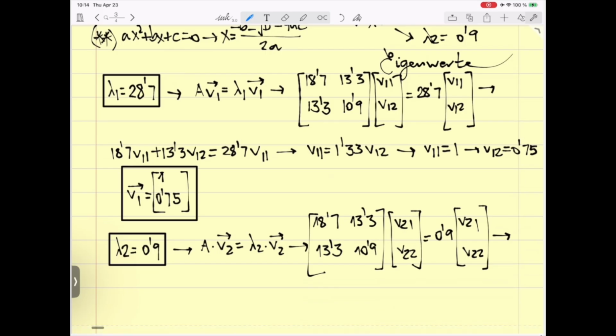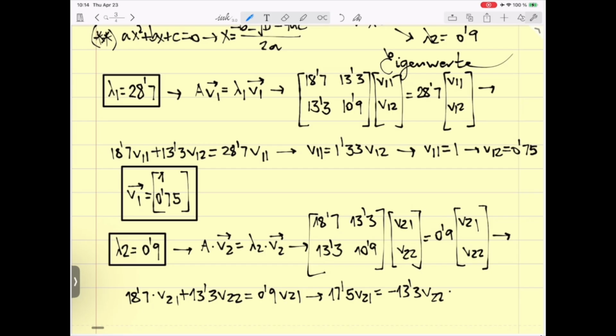Okay, so this is going to be delivering 18.7 times V21 plus 13.3 times V22 equals 0.9 V21. Okay, so this delivers that 17.5 V21 equals minus 13.3 V22.